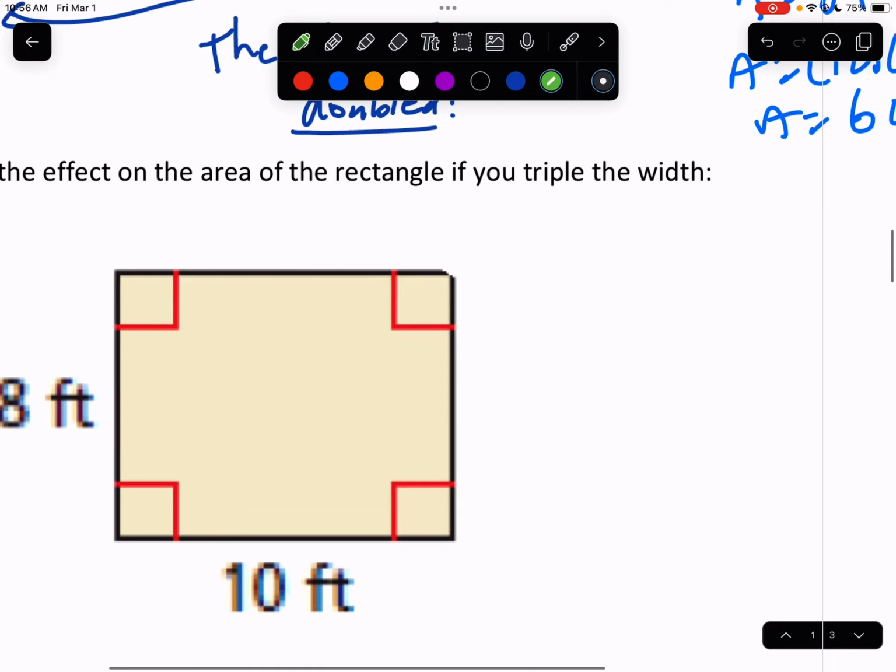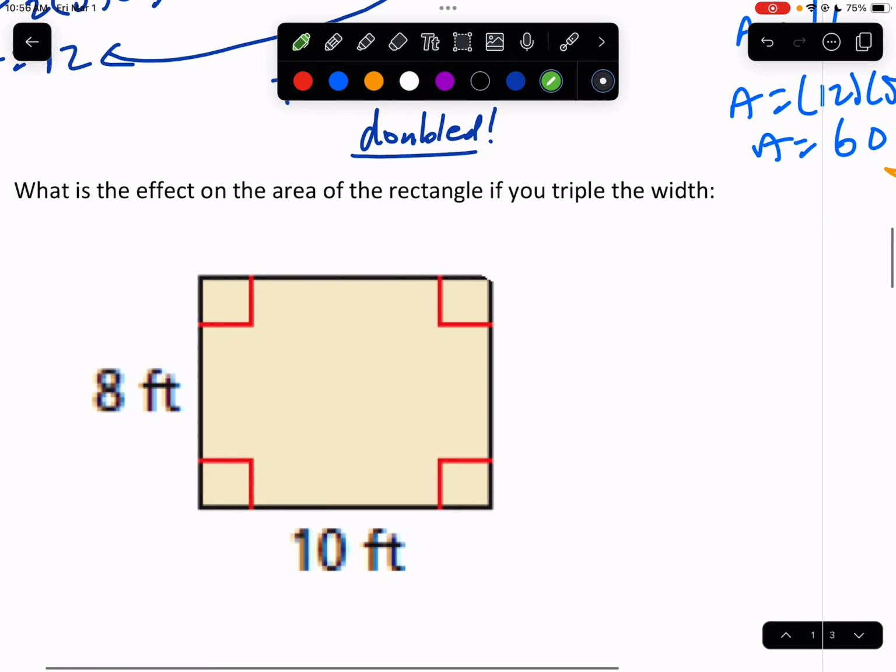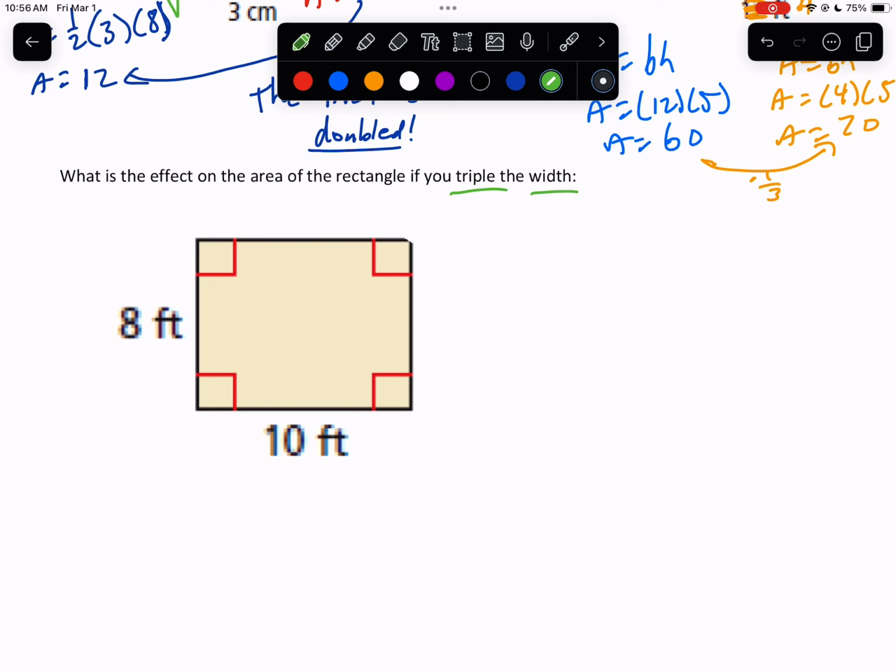All right, what is the effect on the area of the rectangle if you triple the width? Take a guess. What do you think is going to happen? Just the width is tripled. Area, we're going to do length times width this time. Base times height, length times width, same thing when it comes to a rectangle. The length is 10, the height's 8, so the current area is 80. If I triple the width, this is 24 now.